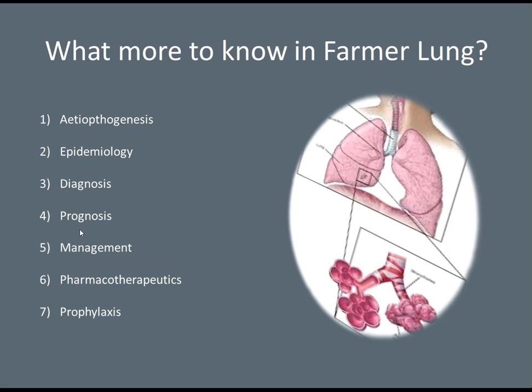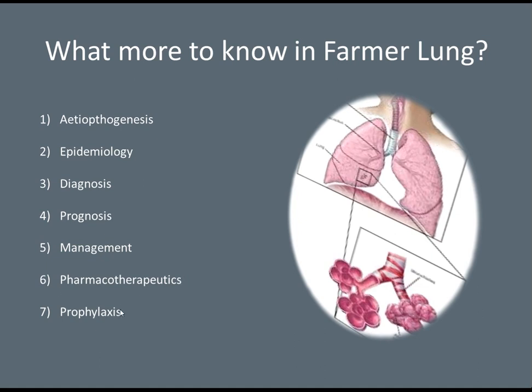Next is the management. That means those particular attempts or endeavors that can be undertaken so as to minimize the severity of suffering of the patient from farmer's lung. Next are the different kinds of drugs and how those drugs can be used in the treatment of farmer's lung.